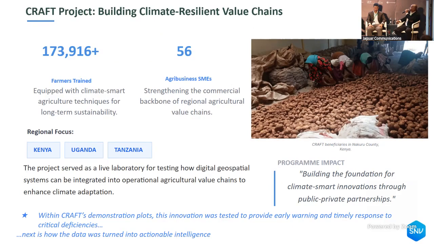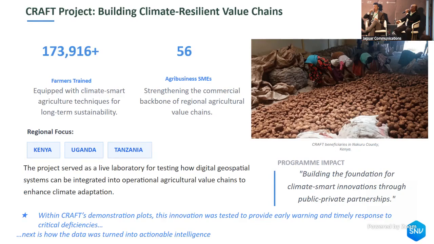But briefly about CRAFT, it was, like I said, implemented in 3 countries. And you can see it was a private sector led project. So we were working with agri SMEs, small and micro enterprises, to be able to improve the sustainability, but more so the market access of smallholder farmers.